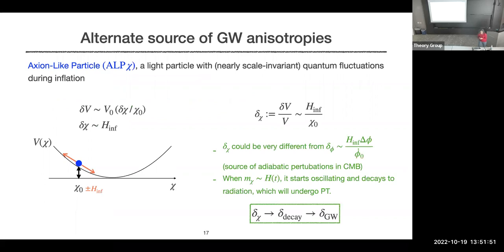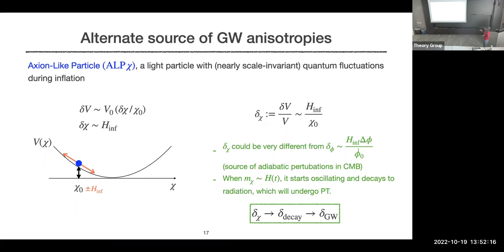Just like how the inflaton gets quantum fluctuations, this alpha field during inflation will get quantum fluctuations and develop a nearly scale-invariant spectrum of fluctuations. Across spacetime, because it will have plus or minus Hubble in field space, its energy density will also fluctuate across space.